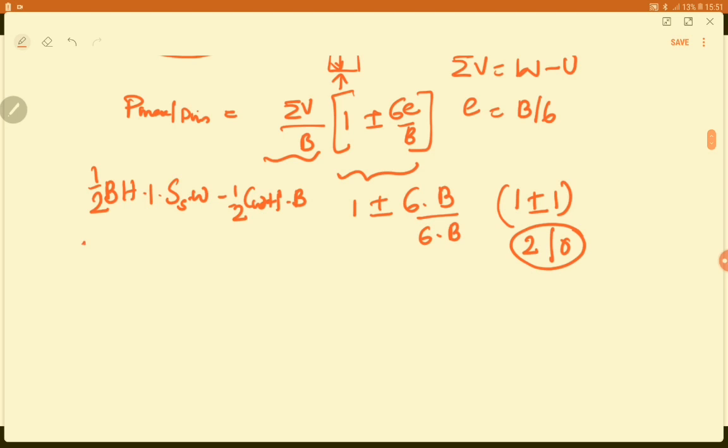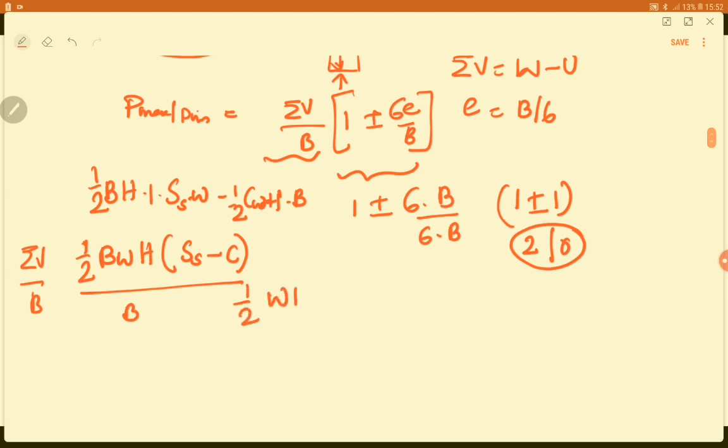You can just rewrite it as half into B into W into H into SS minus C. This is the equation for sigma V. Now what is sigma V by B? This will be equal to half into WH into SS minus C.